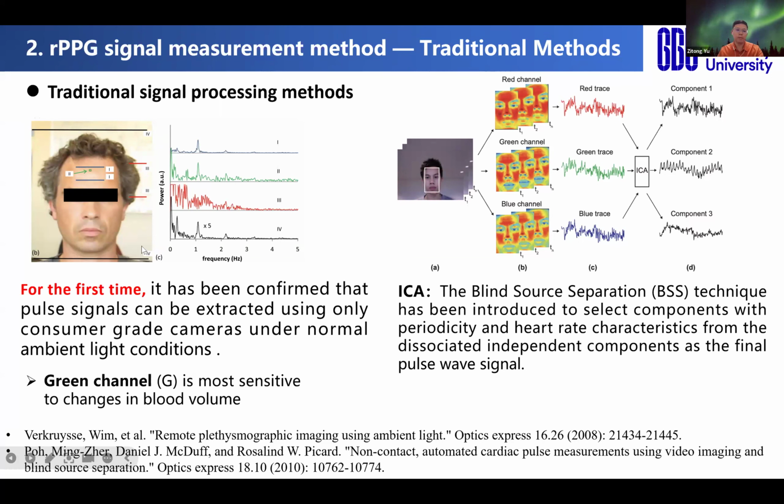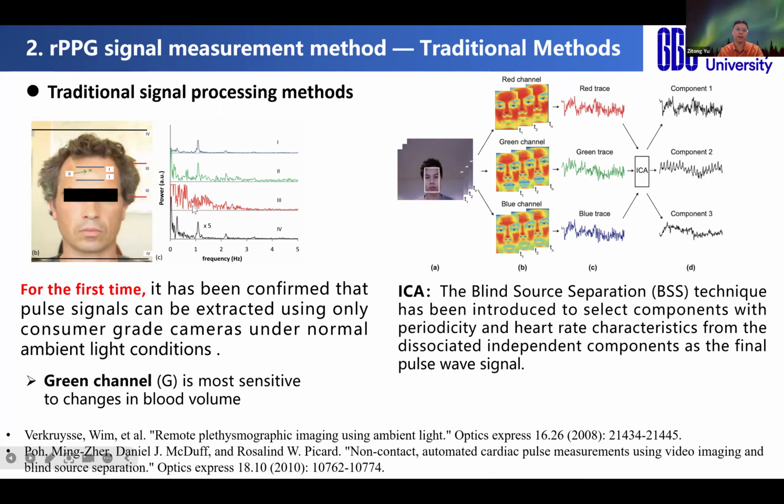For the first paper I mentioned previously, in 2008, they find different skin regions, for example, the forehead and the hair, or other skin regions, for example, their hands, have different intensity of the rPPG signal. For example, we can find a relatively clean rPPG signal from this blue region, the forehead.